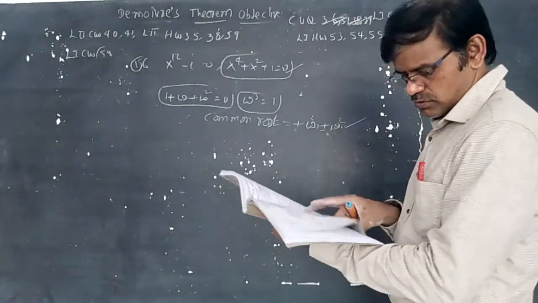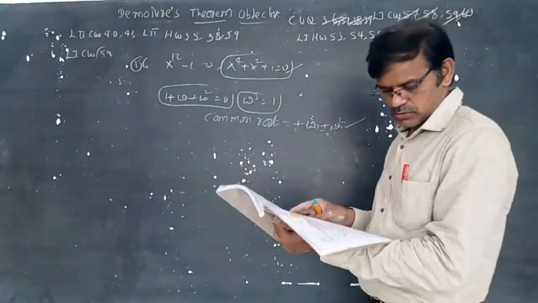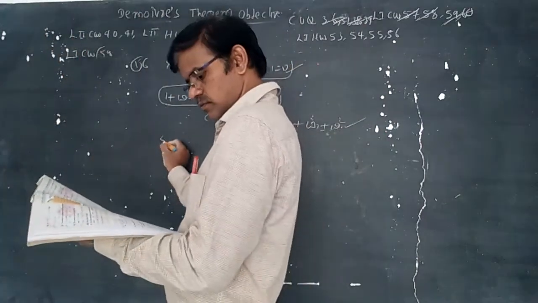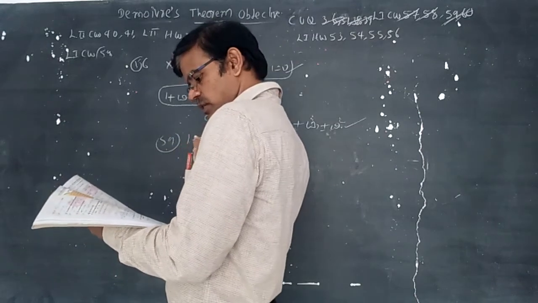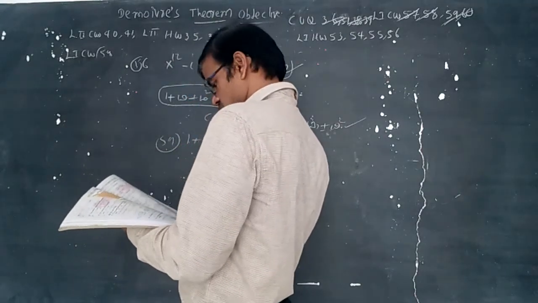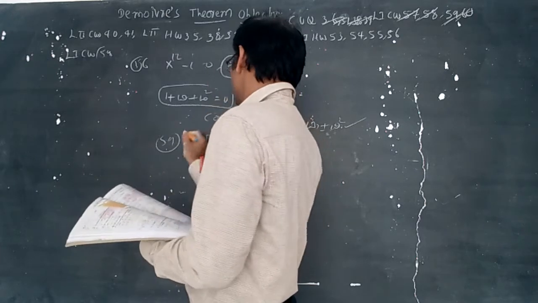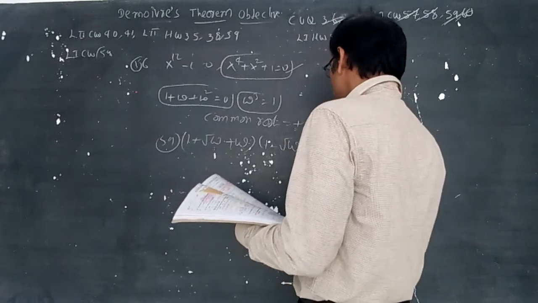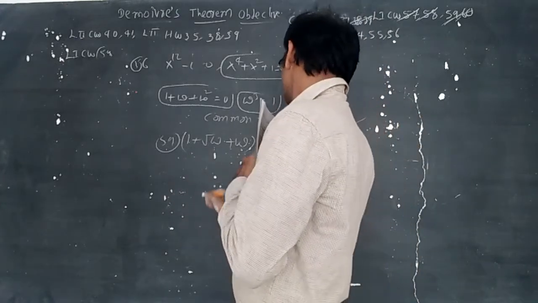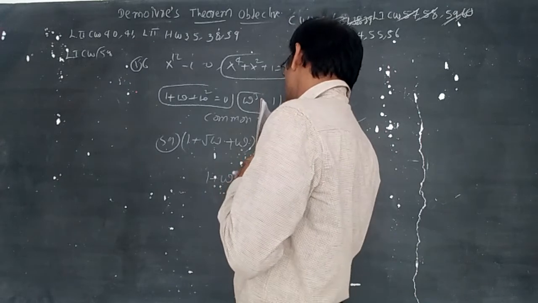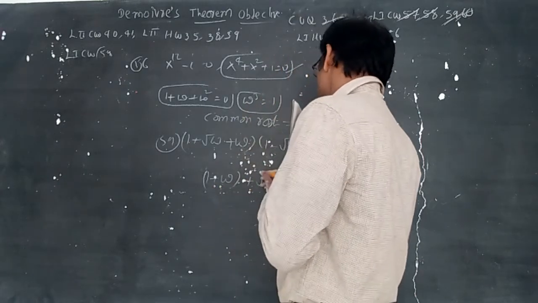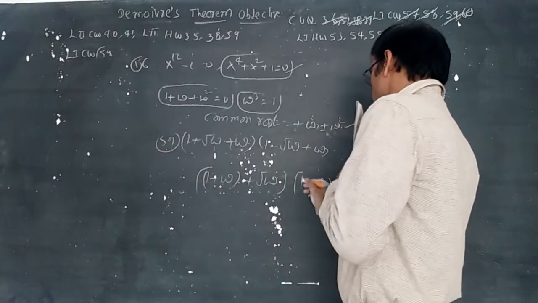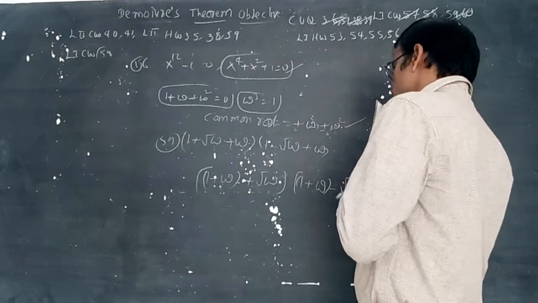Level 1 class of 59 is also there. 1 plus root omega plus omega, and 1 minus root omega plus omega concept. So 1 plus omega, take aside, plus root omega and 1 plus omega minus root omega.